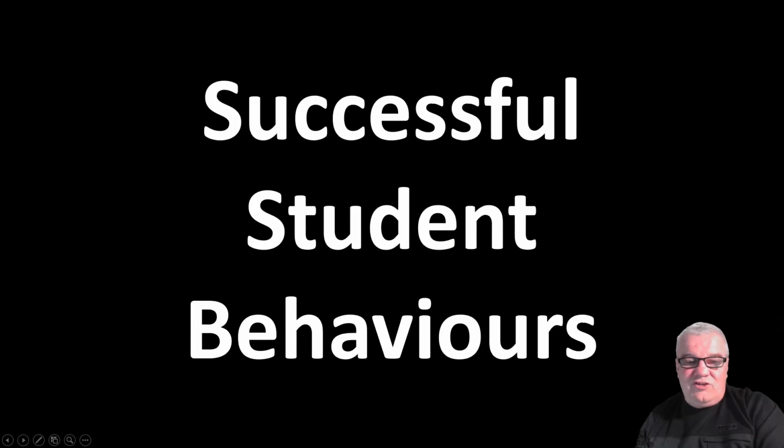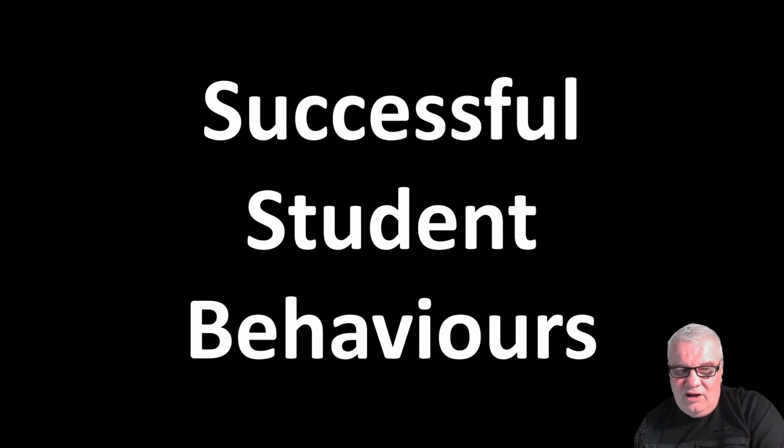Okay, now successful student behaviours that come from engagement. I've observed a number of students over a number of years, and I think you can pretty much tell after about 2 or 3 weeks what the level of engagement is, and what degree of success students are going to have.